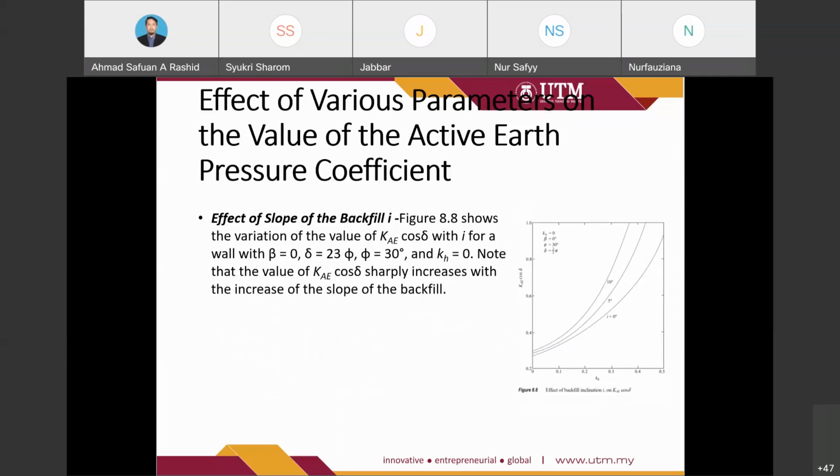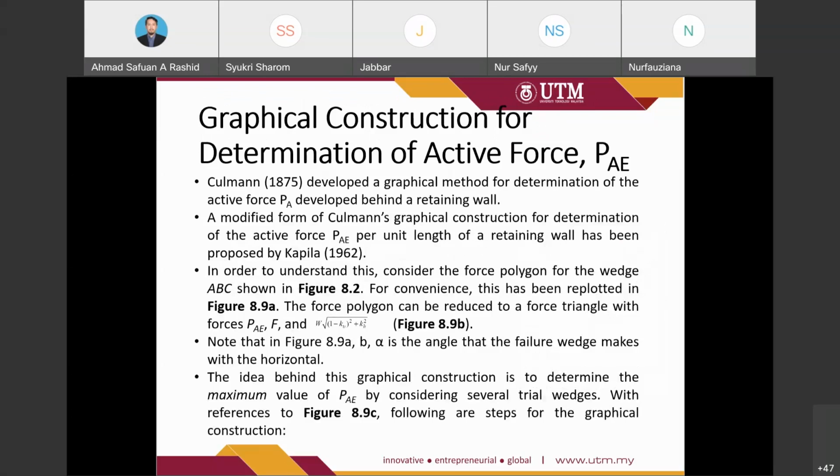So if we increase the degree of the slope of the backfill, the lateral earth pressure will become higher. So it's better for us to have a flat backfill at the back. So that is for the Mononobe-Okabe.